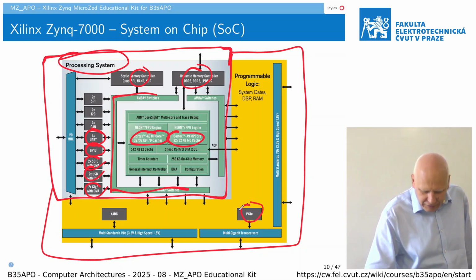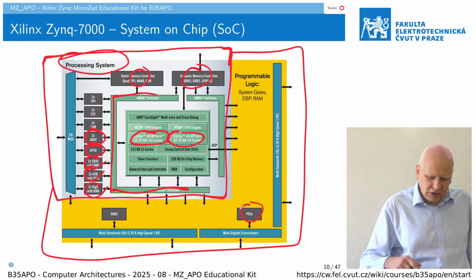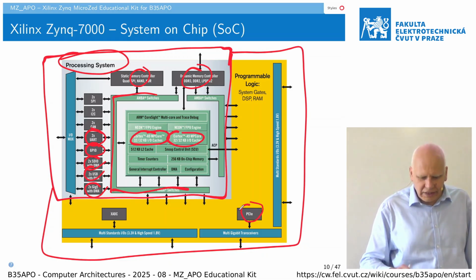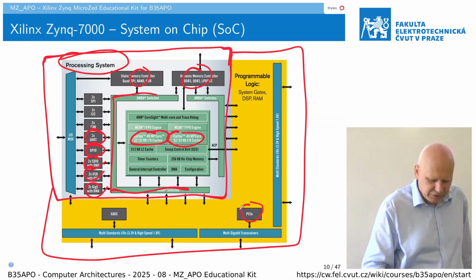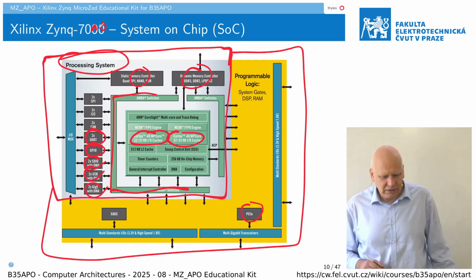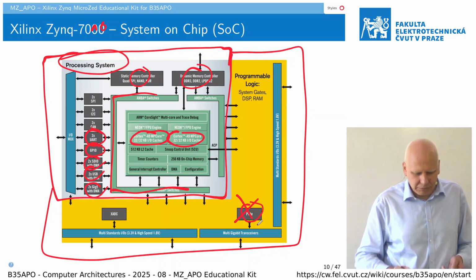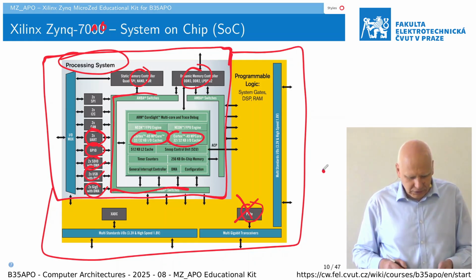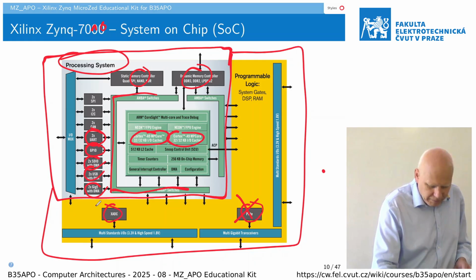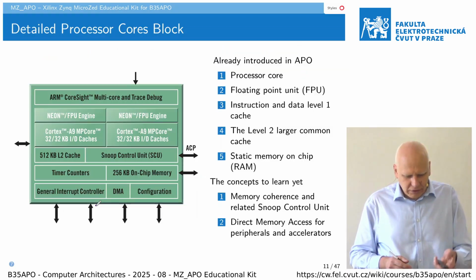And it can have even PCI Express connection on those slightly bigger chips. The one which we use is only the version 10 at the end, and it doesn't have PCI Express. But we have some even bigger chips for diploma theses and so on. Okay, there is some analog to digital converter and so on.